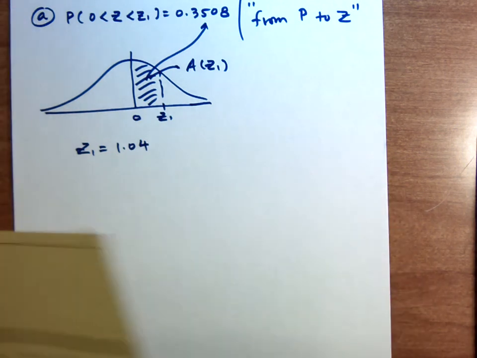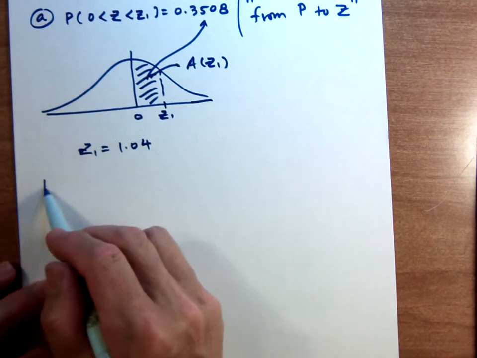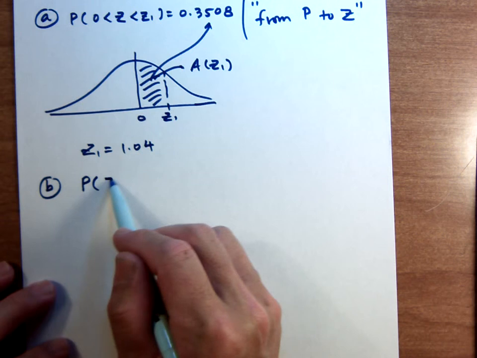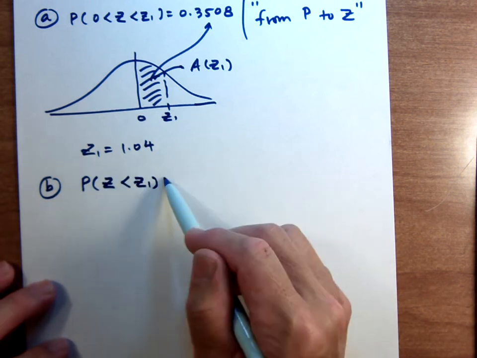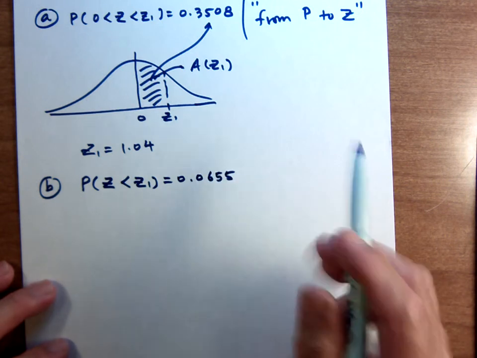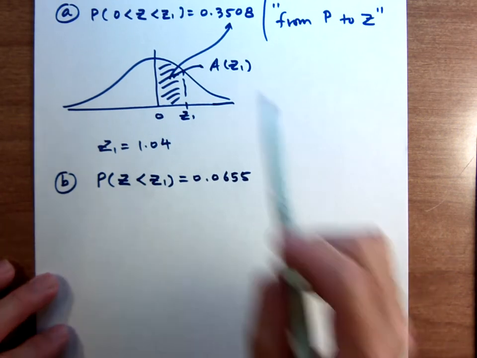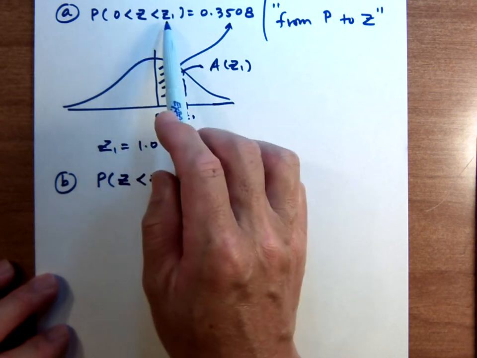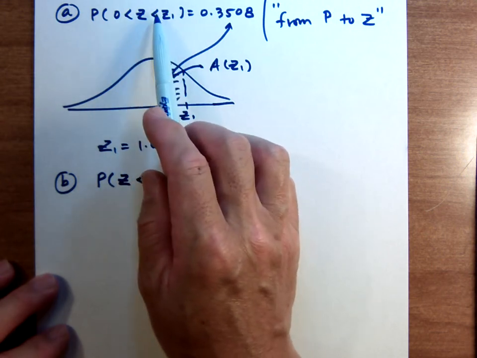I got two more problems in the same video. B is: the probability z less than z1 is equal to 0.0655. This problem is a little bit harder to visualize than A, because in A it was quite obvious that z1 is positive, because it's greater than 0.